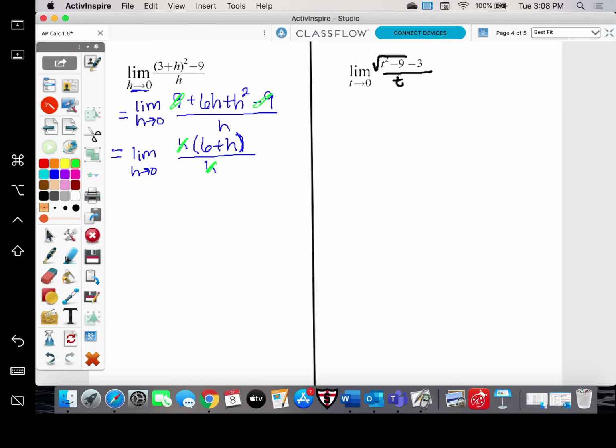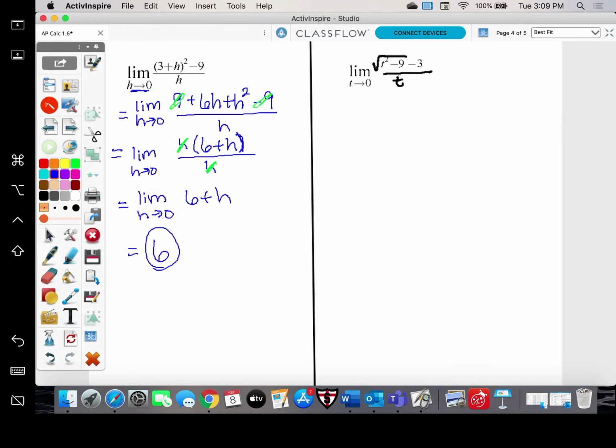Then we simplify again, and now finally we have that problem eliminated. So it's the limit as h approaches 0 of 6 plus h. Now finally direct substitution works. 6 plus 0 is 6, and we have our limit. So that's what that simplifying idea sort of looks like. You just kind of do what needs to be done and hope things cancel out.